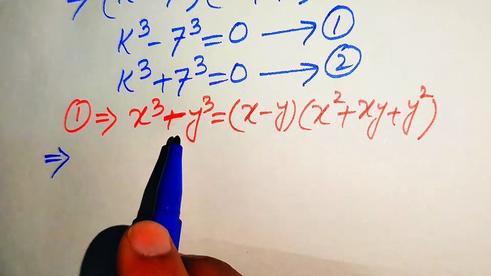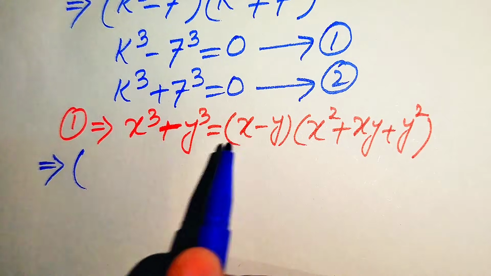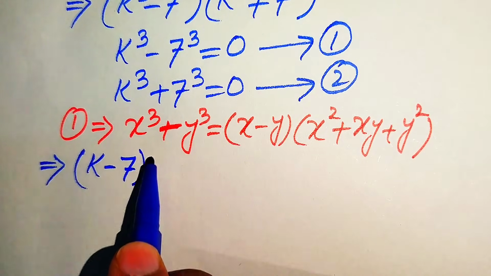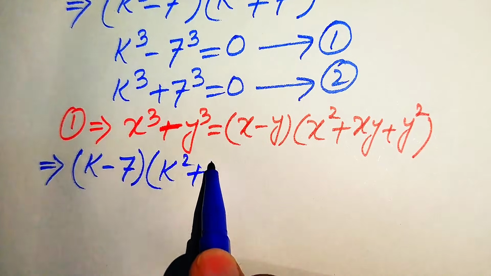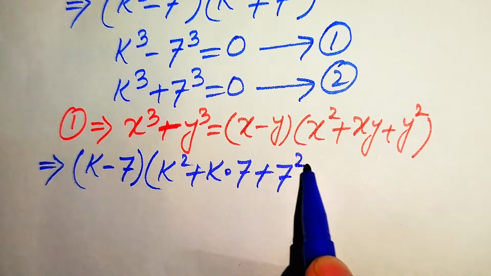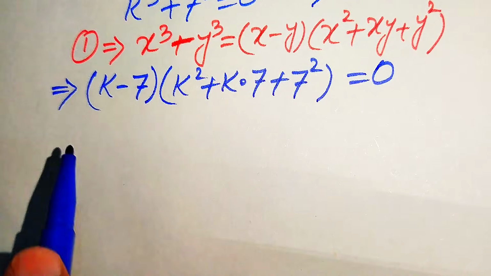After applying it, equation number 1 implies that we have x minus y, where the value of x is k and y is 7, into x square, so k square plus k into 7 plus 7 square, and this whole equation is equal to 0.